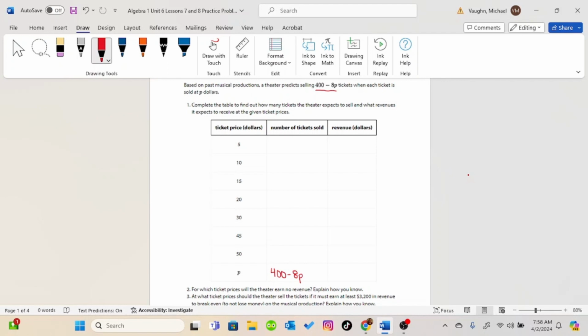So 5 times 8 is 40, and 400 minus 40 is 360 tickets.